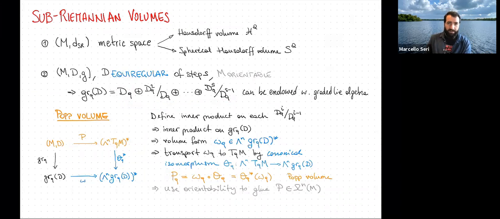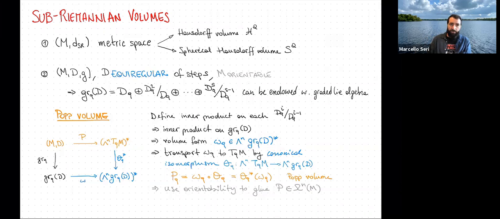And then you define a volume form on the dual of this thing. And then you want to transport this back to the tangent space, and it turns out that there is such a thing as a canonical isomorphism there. And this thing is exactly what gives you the Popp volume. It's local, but if your manifold is orientable, then you can use the orientability to patch the whole space and glue all the things together.